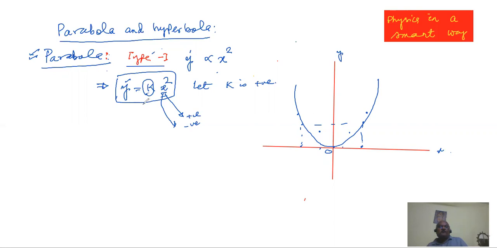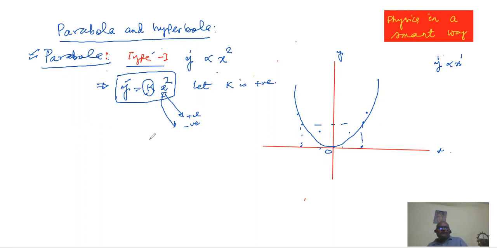And because y is varying with the square of x, that won't be a straight line. To create a straight line, y has to be proportional to x, x power 1 and y power 1. Any other power will make the shape a curve.